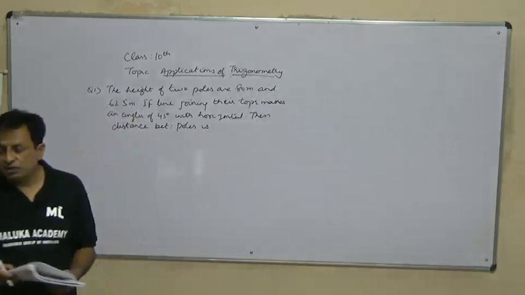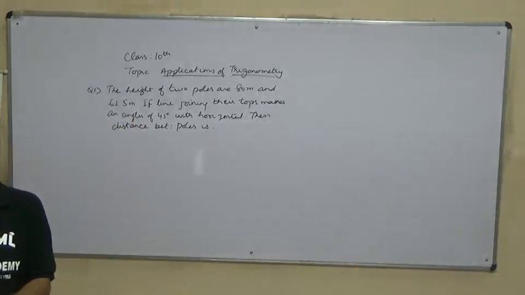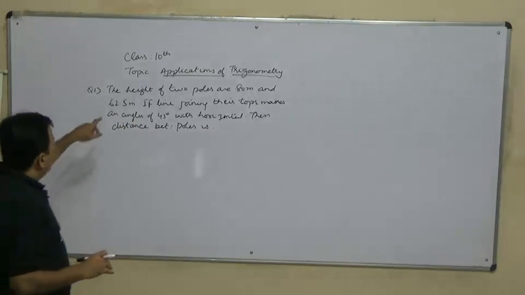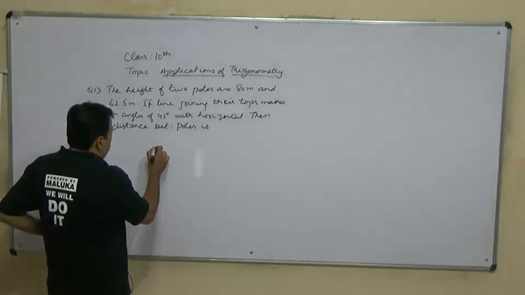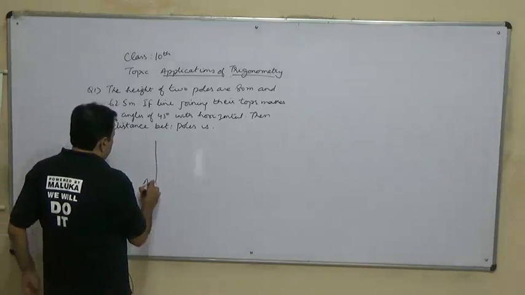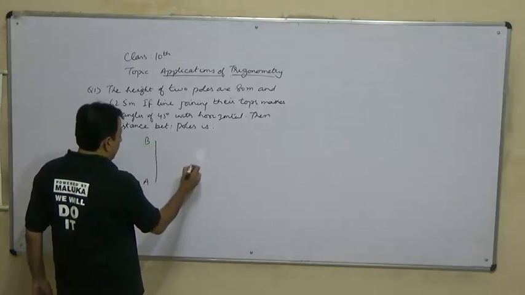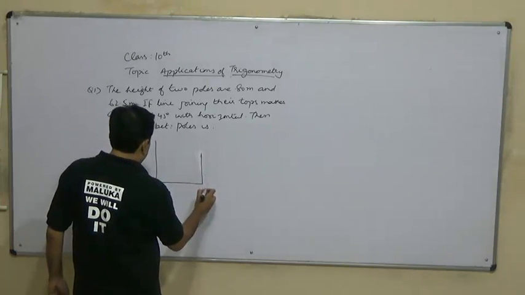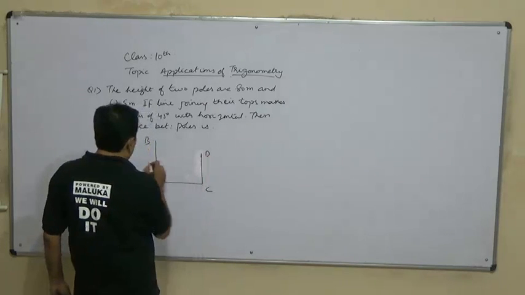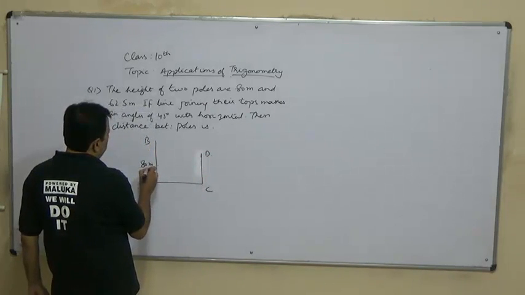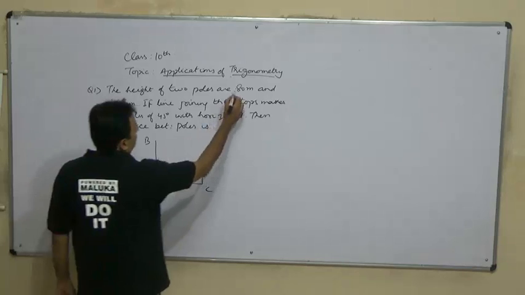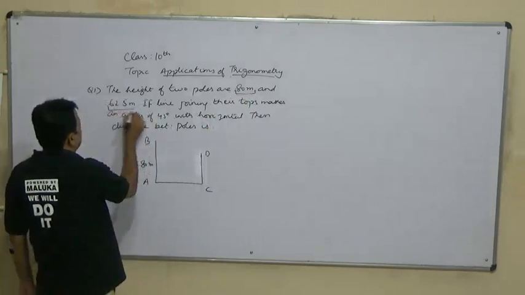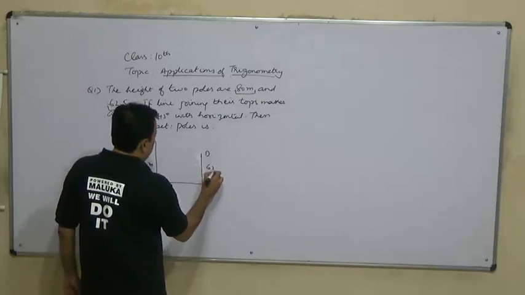So very easy question. We are given two poles, let the poles be AB and CD. Height of AB is 80 meter and CD is 62.5 meter.